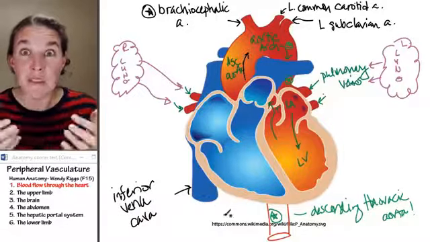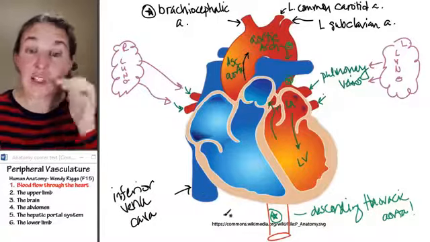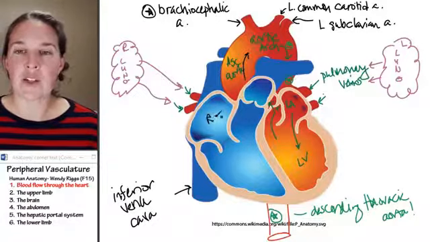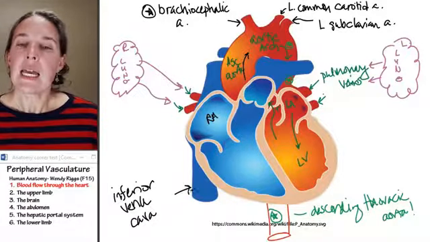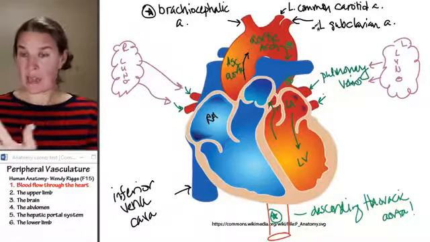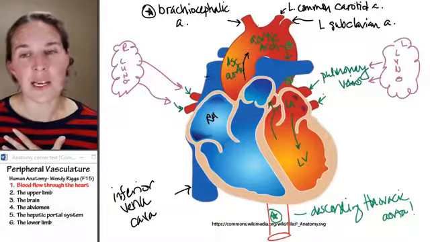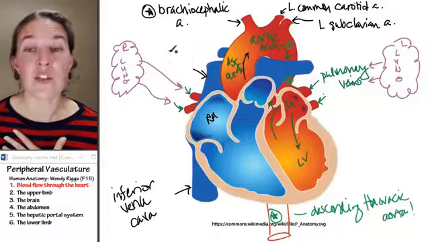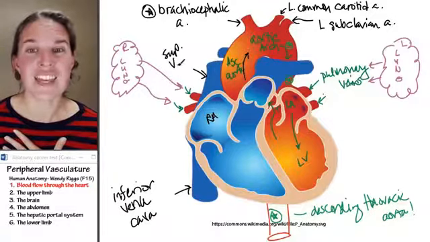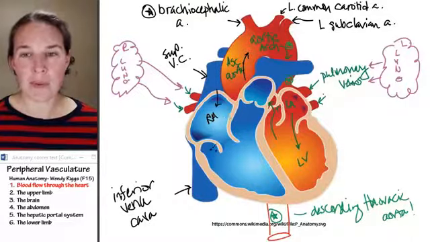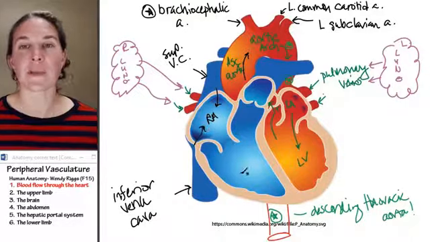Different named veins will dump into the inferior vena cava, which will come back to the right atrium. If you're draining blood from the head or the arms, then you're going to come in through the superior vena cava, and both of them dump into the right atrium.